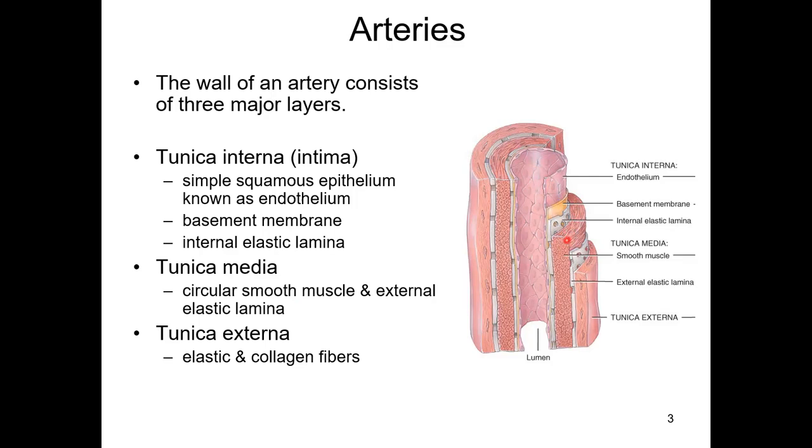This is the beginning of tunica media. Right outside of the smooth muscle layer, there is the external elastic lamina. And when we go further outside, we arrive at the tunica externa. Tunica externa is just connective tissue separating blood vessels from their environment.